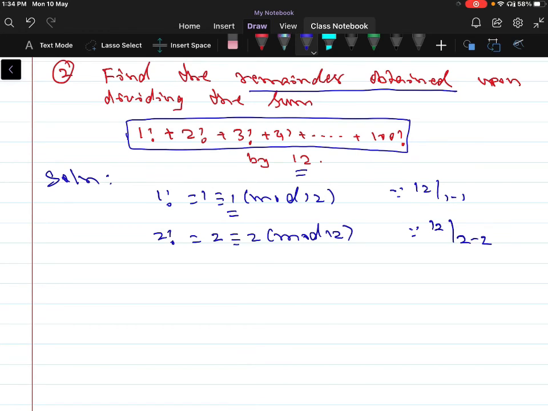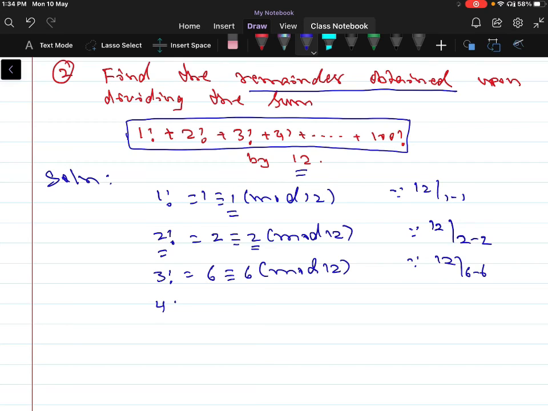So therefore 2 is the remainder of 2 factorial. So let us find out the remainder of 3 factorial. 3 factorial can be written as 6. So 6 is congruent to 6 modulo 12, since 12 divides 6 minus 6.